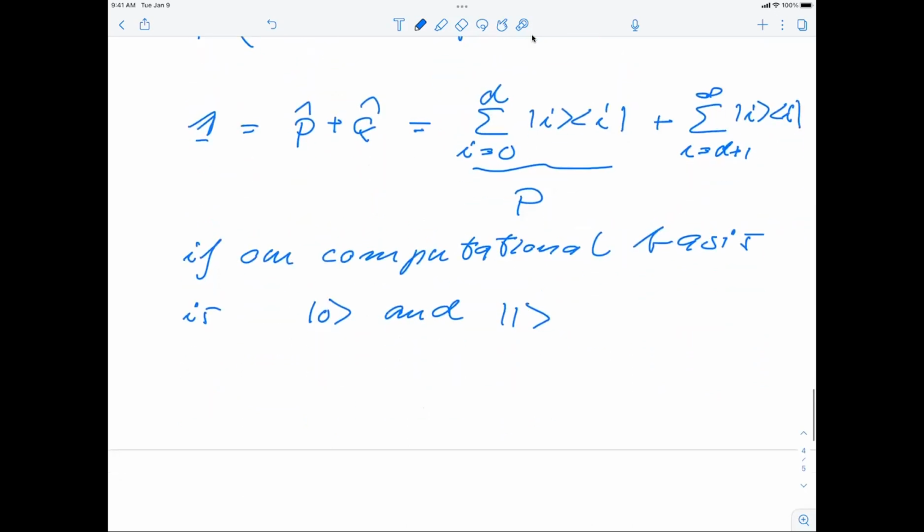Then we know that we can make linear combinations, so this is an orthonormal basis. So we can define a new state, phi, which is now a linear combination of these two states.